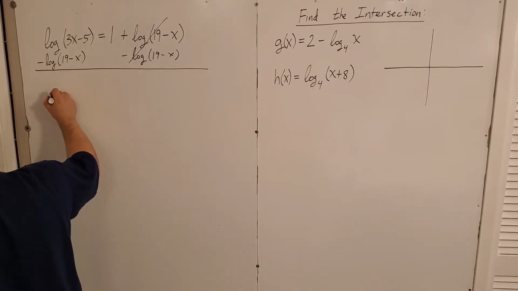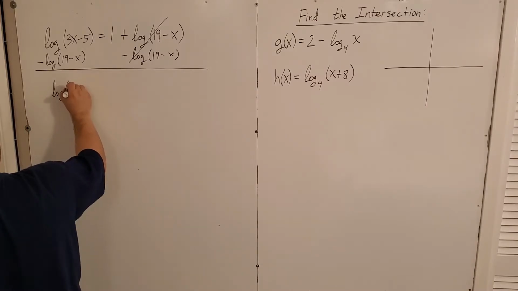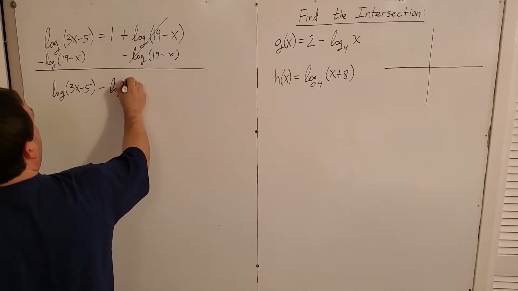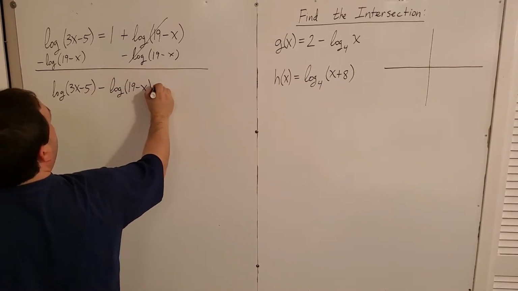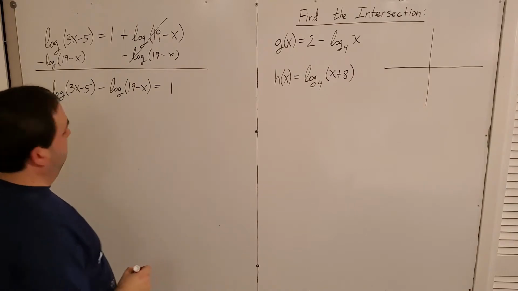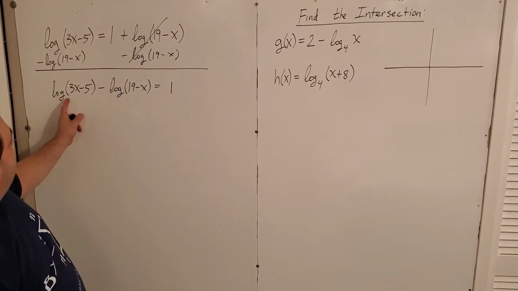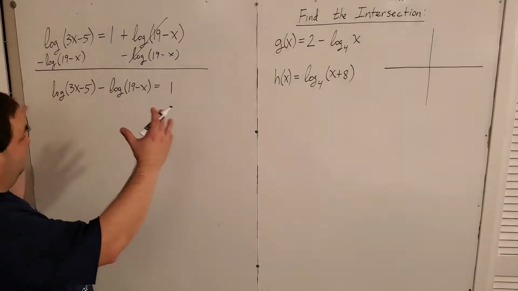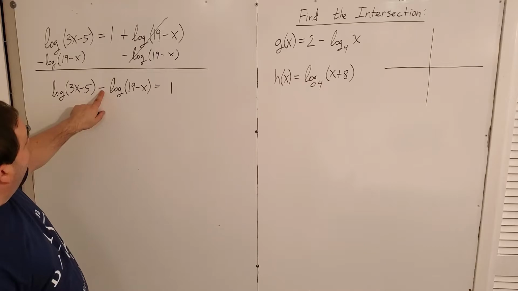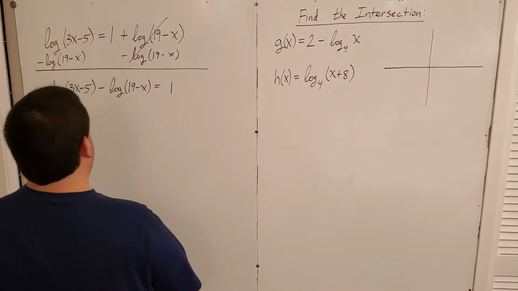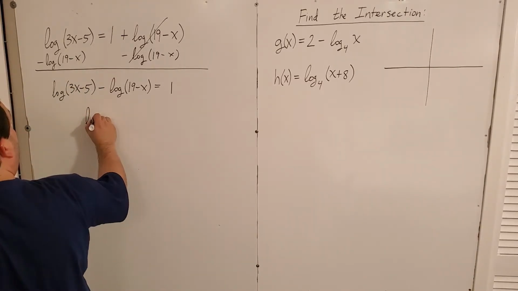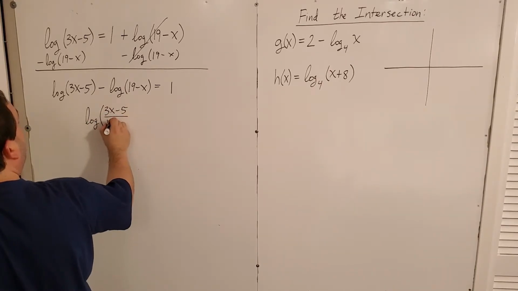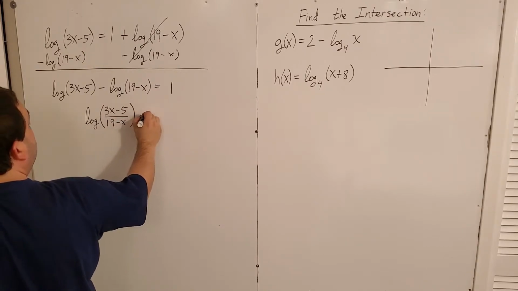So then I'm left with the log of 3x minus 5 minus the log of 19 minus x equals 1, right? They are the same base. Don't forget, log with no base is base 10. They are the same, so I could just mash these two together. And remember, subtraction just leads to division. So I've got the log of 3x minus 5 divided by 19 minus x.